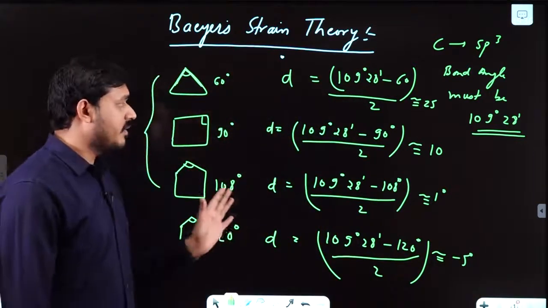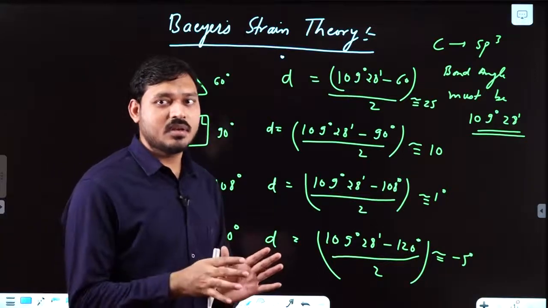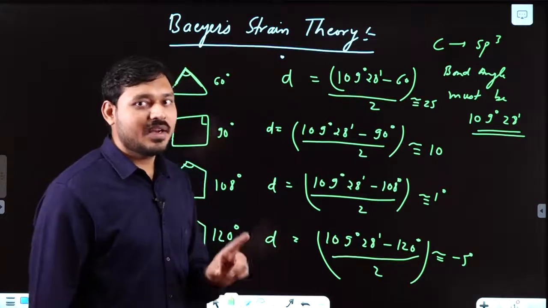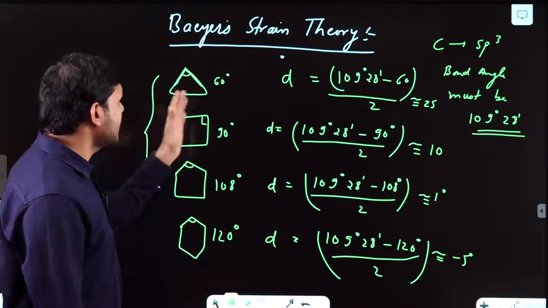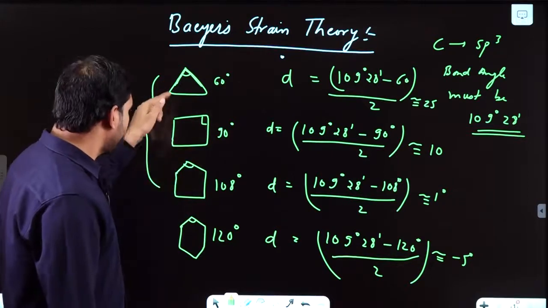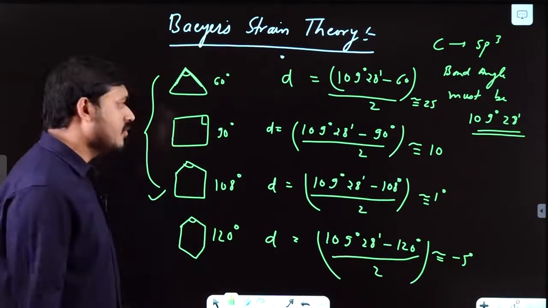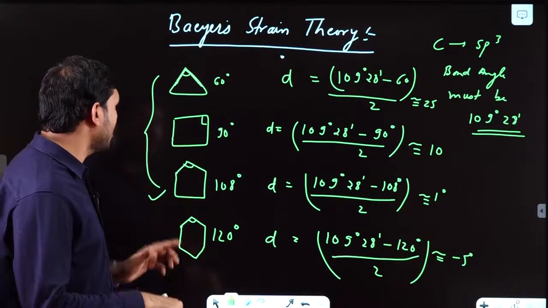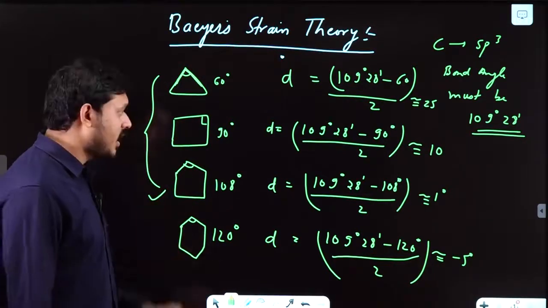If the angle strain is minimum, the deviation is minimum, then that ring must be most stable. Accordingly, Baeyer strain theory says from these calculations that the 5-member ring must be most stable. Cyclopentane is most stable among cyclopropane, cyclobutane, cyclopentane and cyclohexane. Clear?